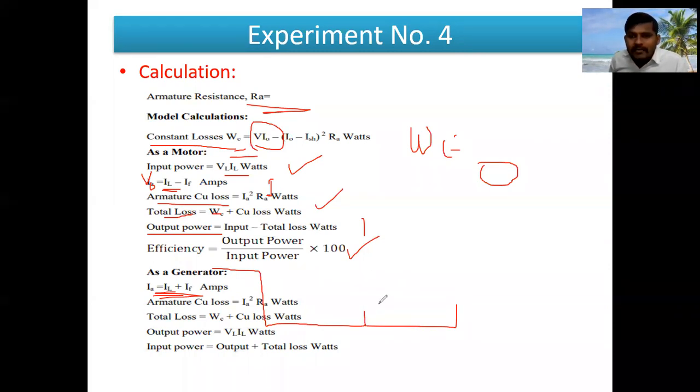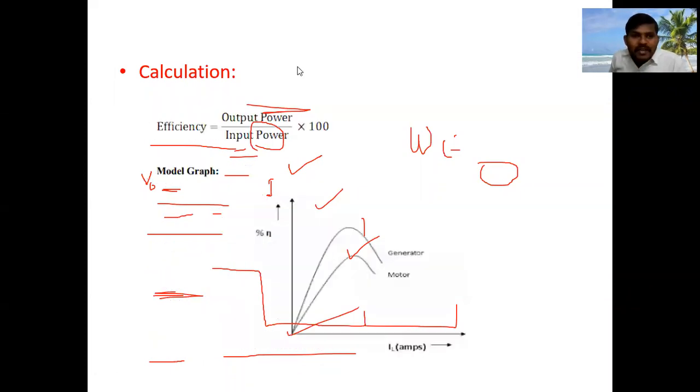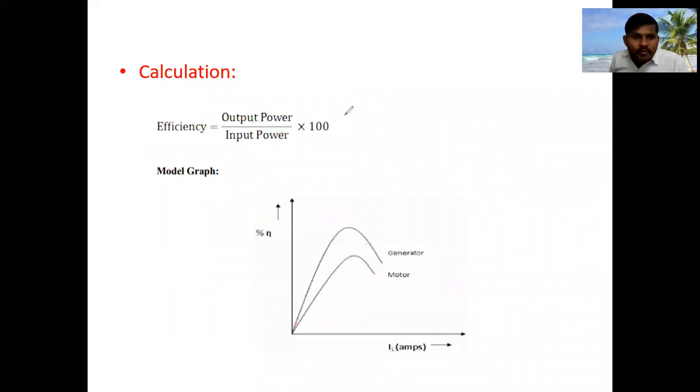After calculating the copper loss, we know the output power, that is VL into IL, and the input power is output plus total losses. Once the input power is calculated, we are able to calculate the efficiency. त्याच्यानंतर आपण efficiency calculate करू शकतो. The efficiency is output power divided by input power when this machine is run as a generator.